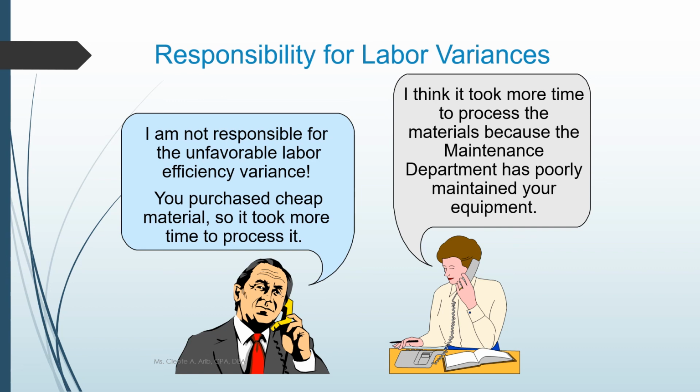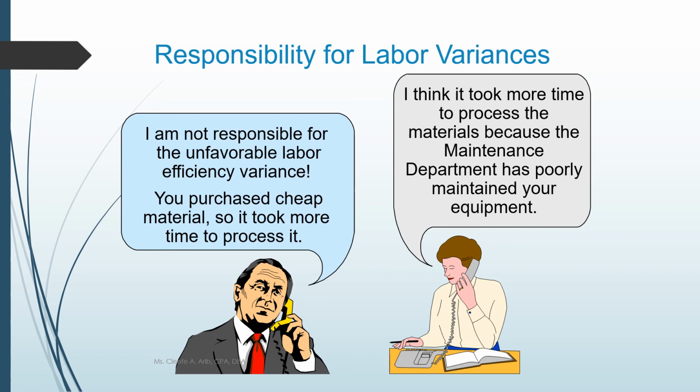Say, for example, the purchasing department purchases a poor quality of raw materials. Then, for example, I need to cut that particular material, but it is much harder than usual. So, instead of taking me only 30 seconds to finish cutting one piece, it will now take me about 45 seconds, because the material is harder than usual.